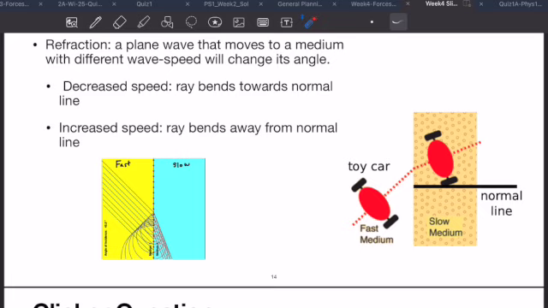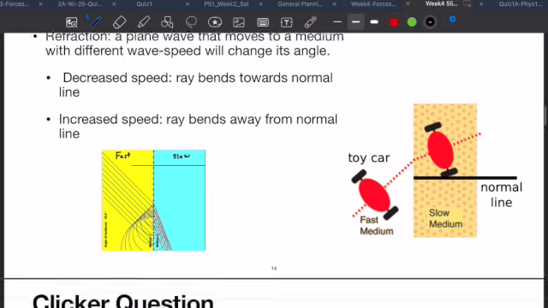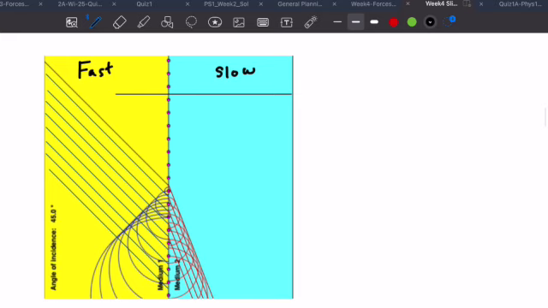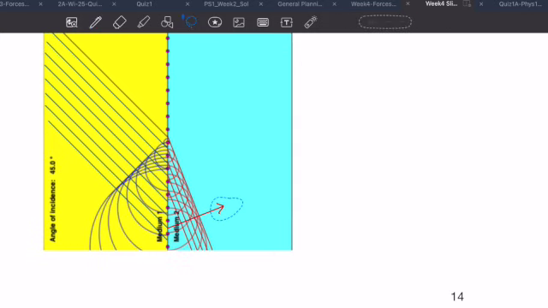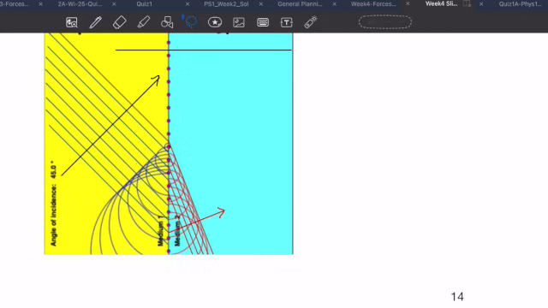When you go from a fast medium to a slow medium, what you'll see is that, so let's draw the two perpendicular lines. So here's my line that's perpendicular, okay? And then in the slower medium, here's my line that's perpendicular. If I compare the two, pretty much draw them in the same location.